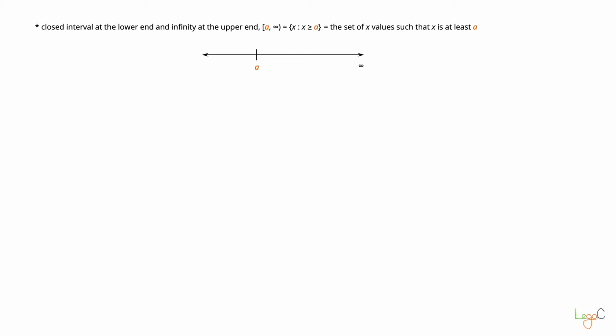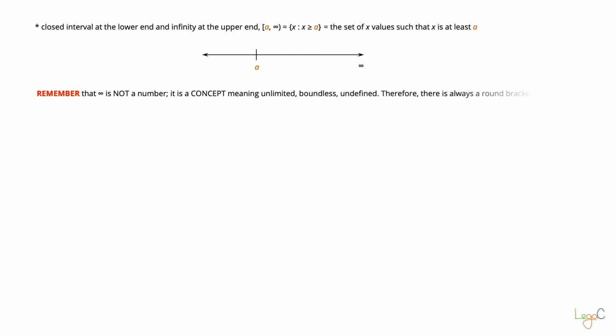So we have a dot at a. Remember that infinity is not a number, it is a concept, meaning unlimited, boundless, undefined. Therefore, there is always a round bracket at infinity and negative infinity. And on the number line, this is represented by an arrow, so it keeps going forever.